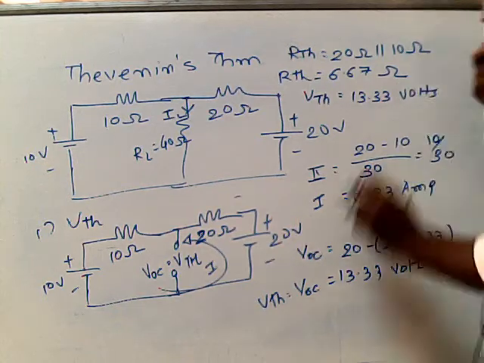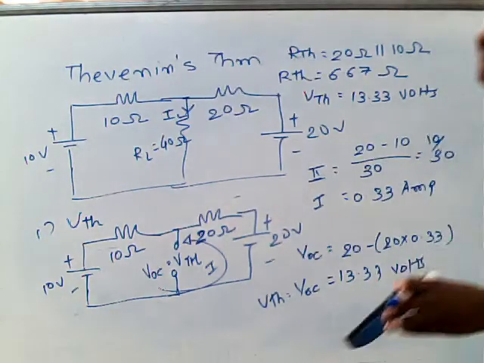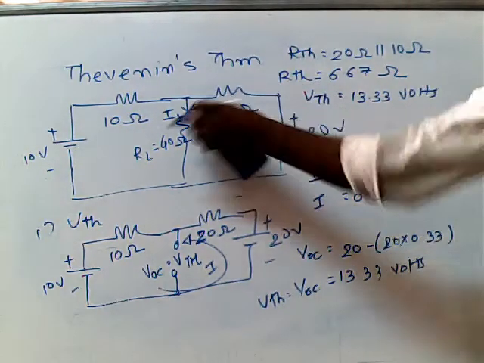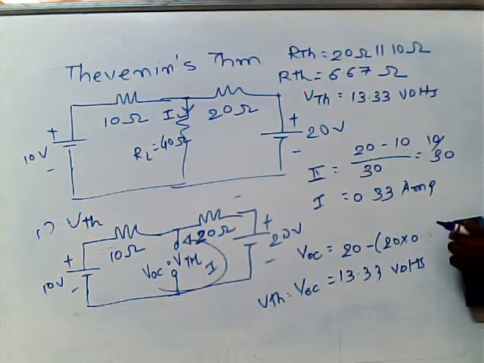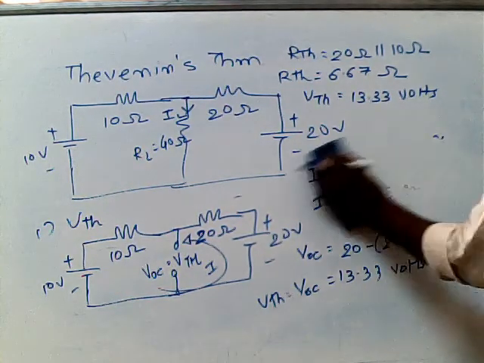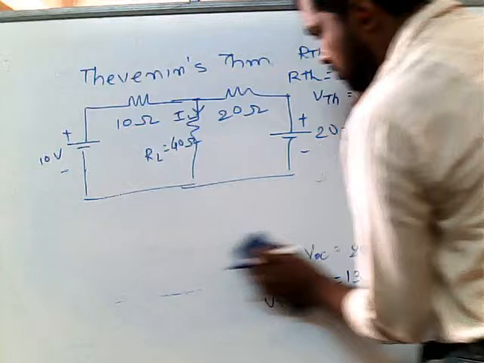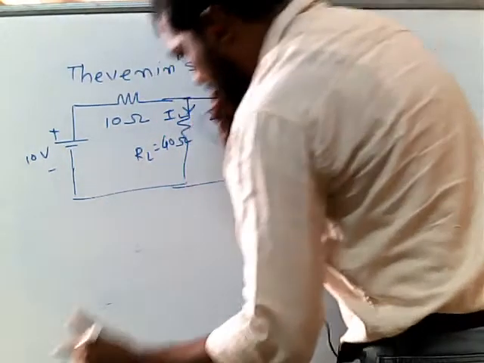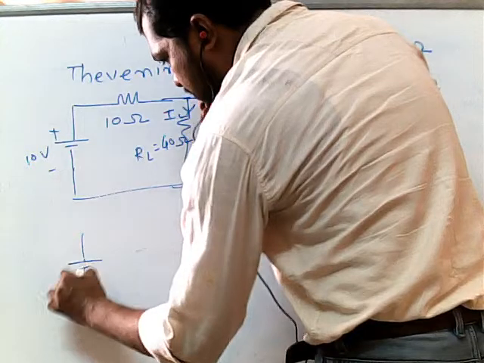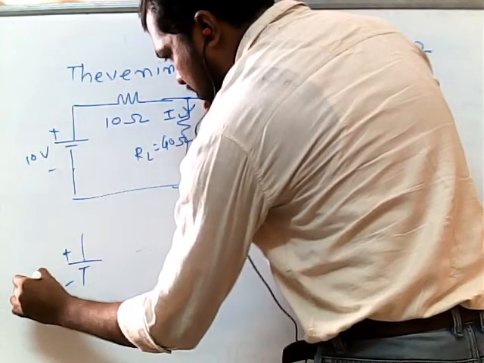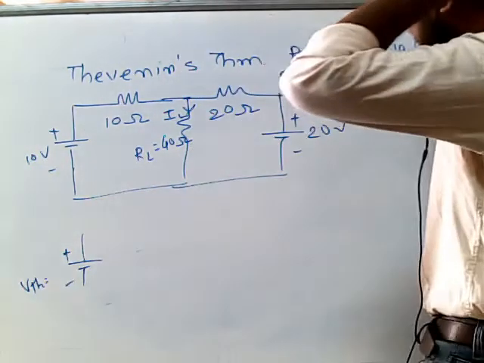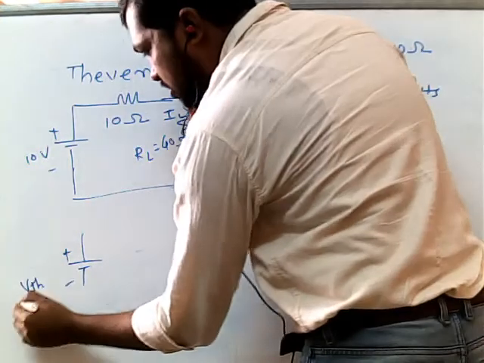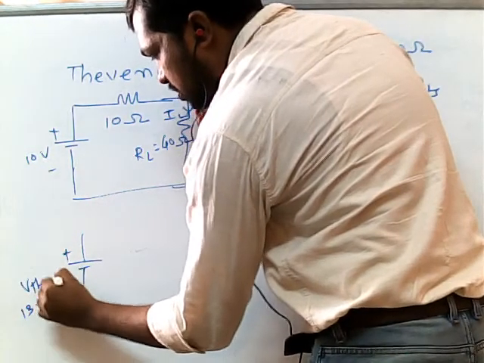Now what Thevenin's theorem says is that this network can be replaced by the equivalent circuit which contains the Thevenin's voltage source in series with a Thevenin's resistance. So this is VTH, equal to 13.33 volts.